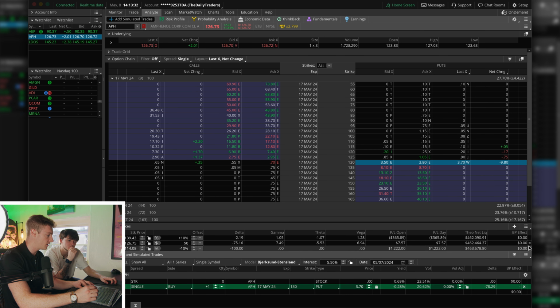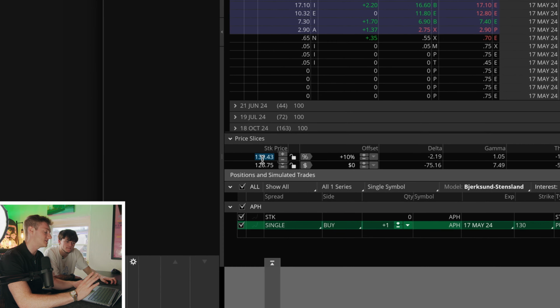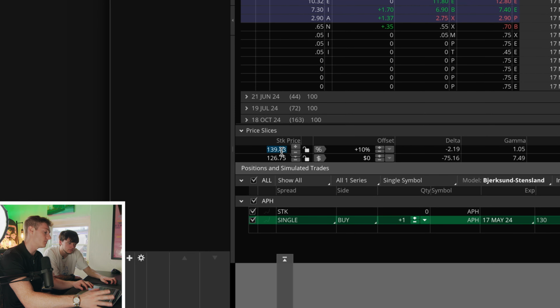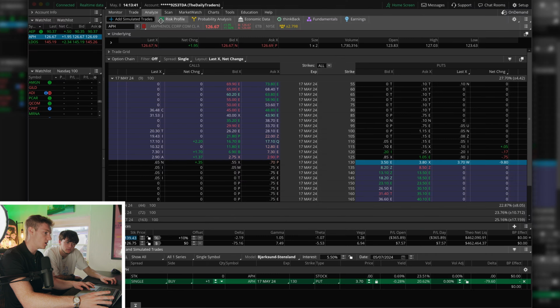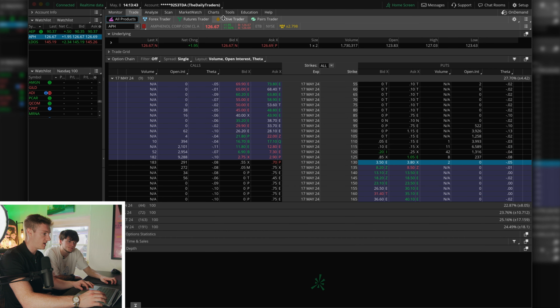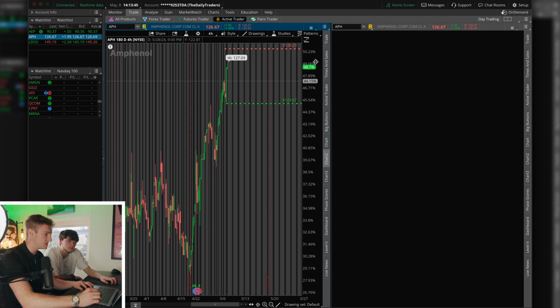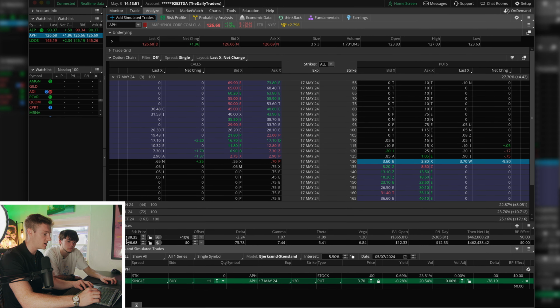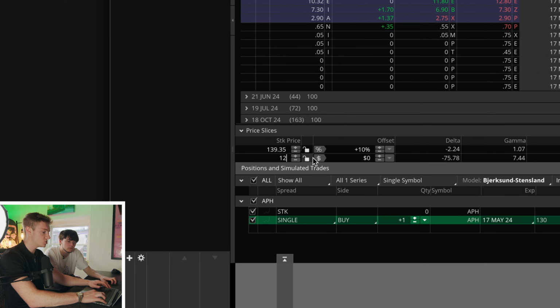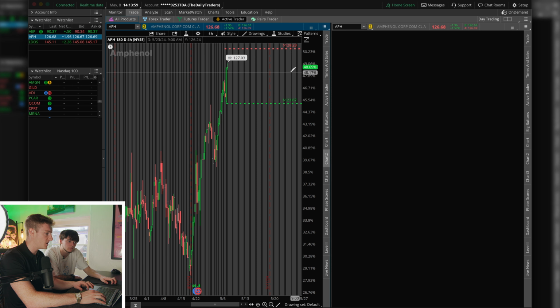And then up here, this is where we're going to put in our stop loss and take profit. Okay, so if we go to trade, active trader, we can see here our take profit was at 123.67. So if we go back to analyze, 123.67 is going to be our take profit, and then our stop loss is going to be at 128.23.